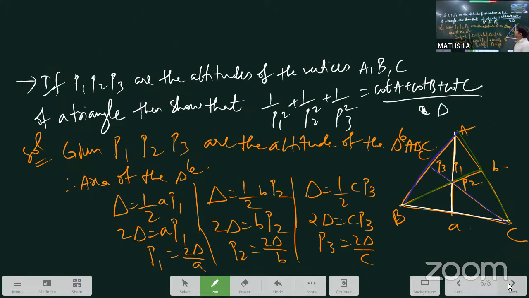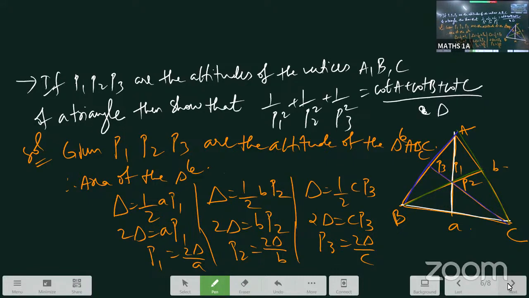P1, P2, P3 are the altitudes of the vertices ABC of a triangle. Then show that 1 by P1 square. Yesterday only I said half into base into height is area of a triangle. So half into AP1, half into BP2, half into CP3. Is it clear?